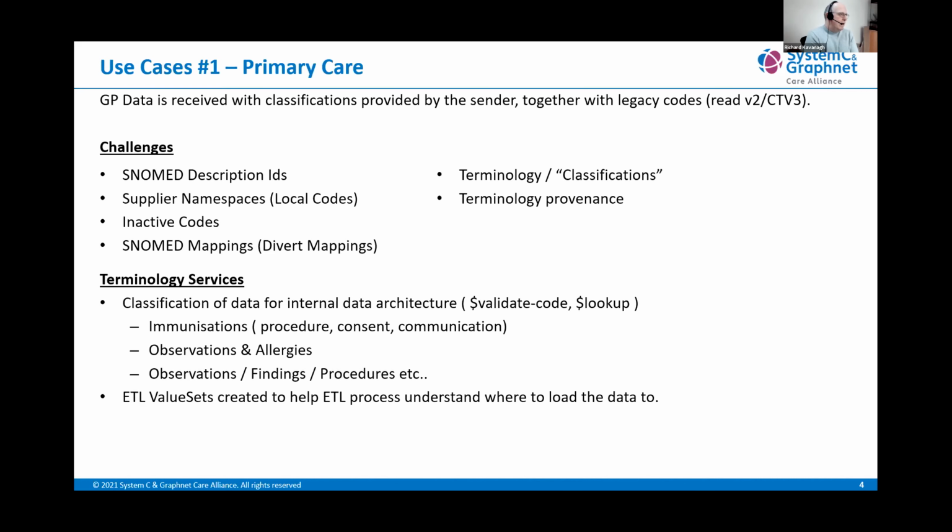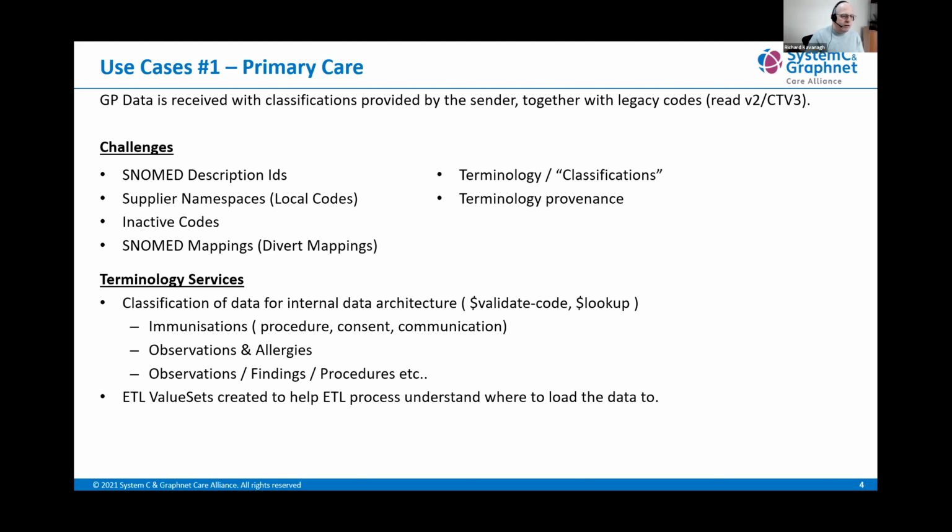So in our internal data architecture, we had to deconstruct that. Now, handily, they all had codes, so we could construct some value sets and some ECL statements that allowed us to decompose that. And that was very useful to us because the way that the data comes in is quite predictable, and it allows us to use the power of SNOMED and the ontologies of SNOMED to make sense of that.